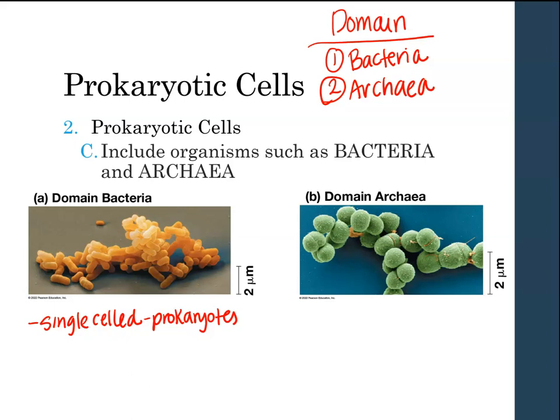Bacteria are found in almost every single environment that you can think of on Earth. They're in our intestines, they're on our hands, they're in the dirt, they're on our skin, they're on rocks. Everywhere that something could live, there's bacteria living.